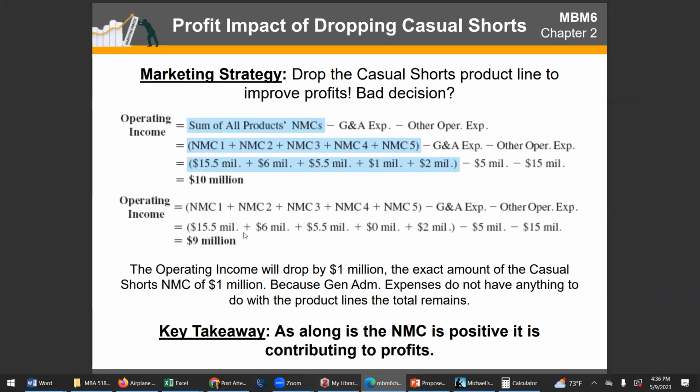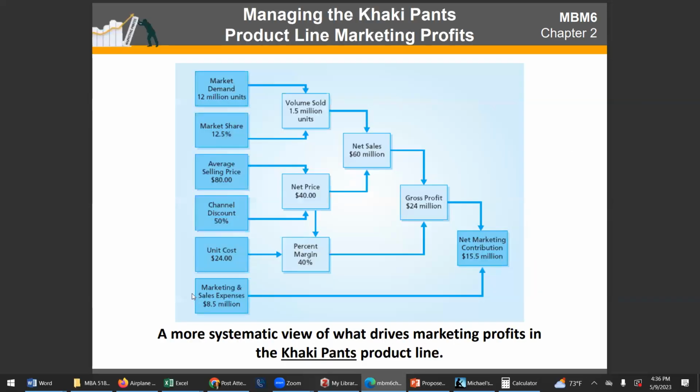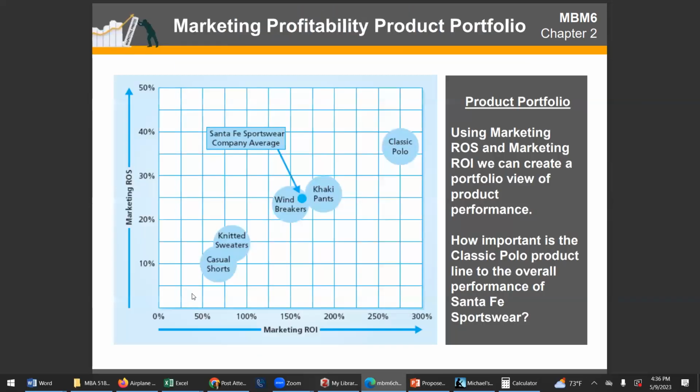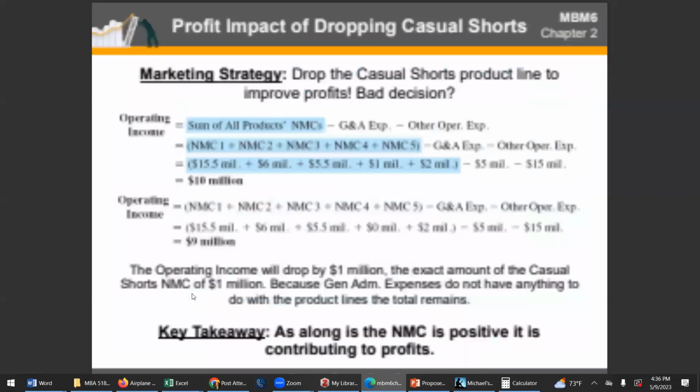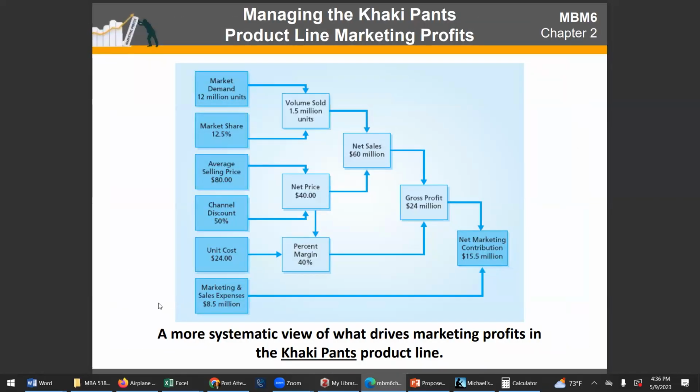I had mentioned a couple minutes ago that using these analytical tools, we can analyze business performance not only at the product level, but also at the customer level. Whoops, I got a little bit ahead of myself. Sorry about that.